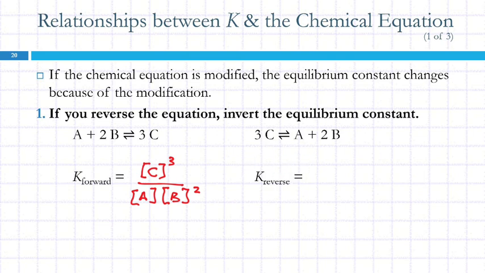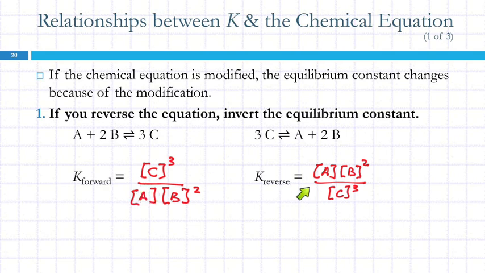Here we've written the reaction in reverse. We put the products on the reactant side and the reactants on the product side. Well, we write the equilibrium constant according to how the equation is written, and so it's products over reactants: A times B squared, those are the products, divided by the reactants, which are now C. That make sense?